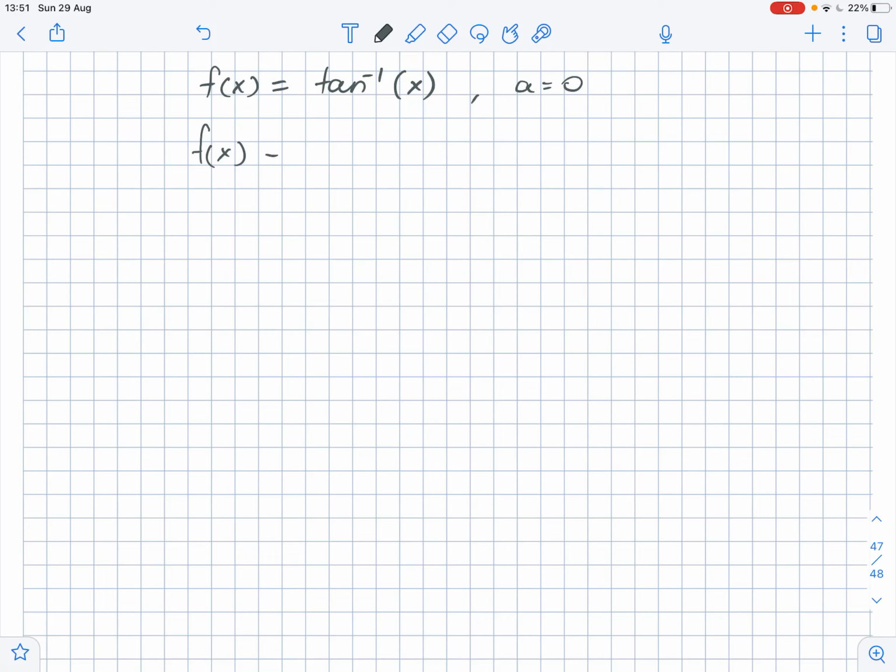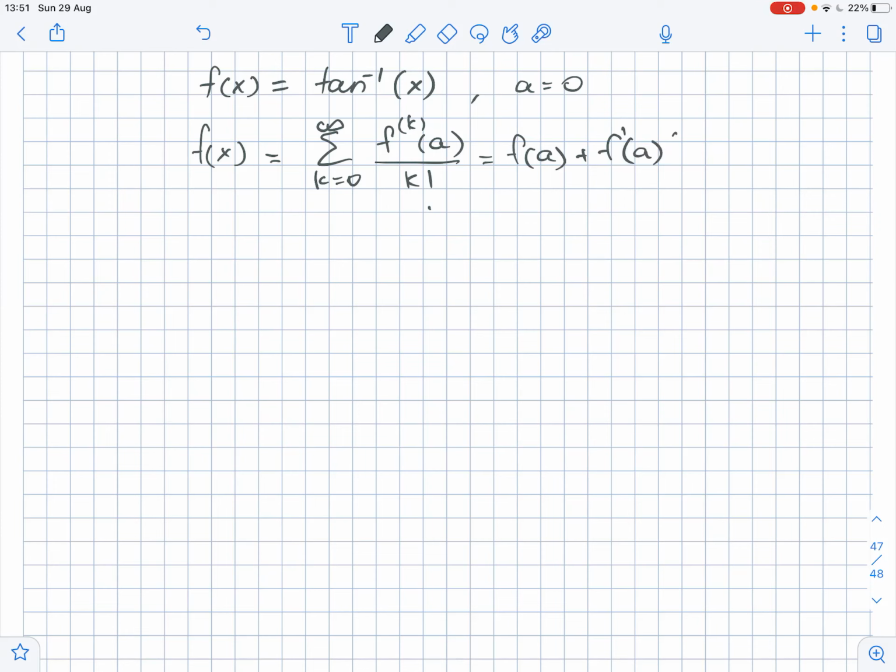The Taylor series of the function f of x centered at x equals a is given by f of x equals the sum from k equals 0 to infinity of the kth order derivative of f of a over k factorial.